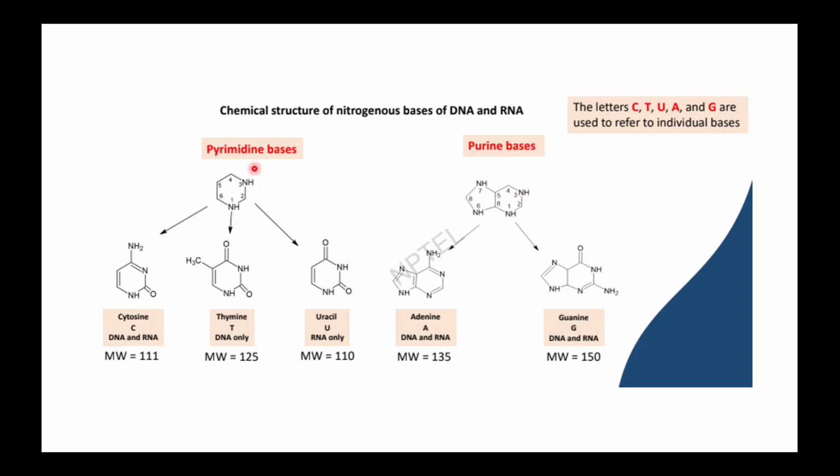Pyrimidine is a single ring structure having two nitrogens in the six-membered ring, and purine is a double ring structure with a six-membered ring fused with a five-membered ring, and there are nitrogens present inside the ring structure, and the base structure remains same in case of all three pyrimidines and in case of both purines.